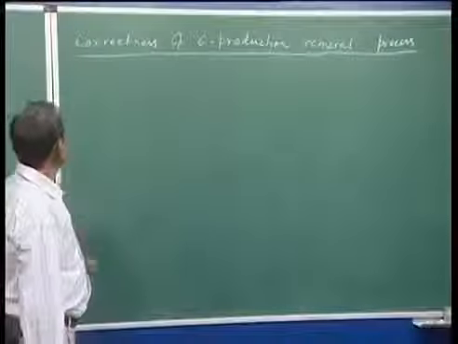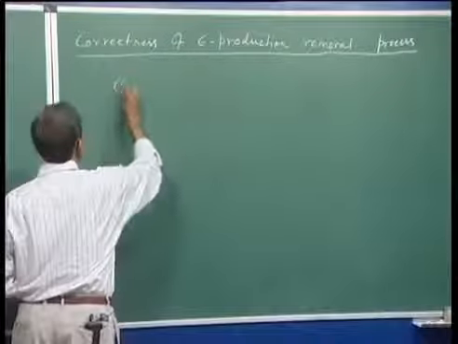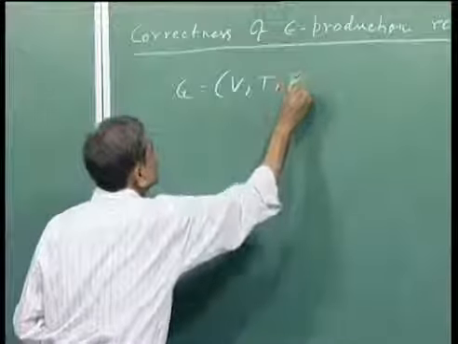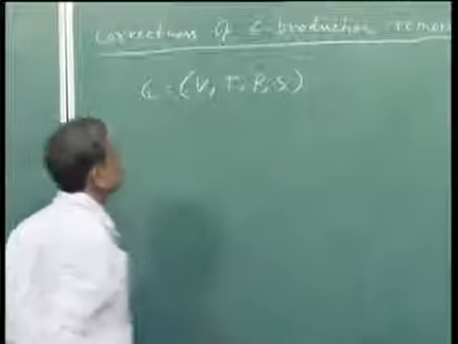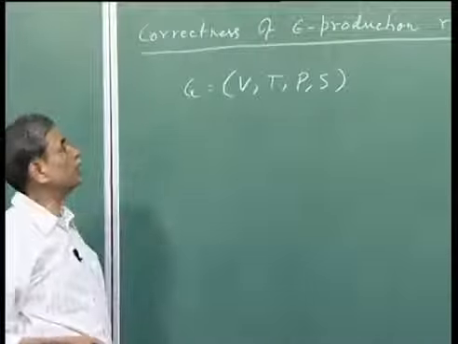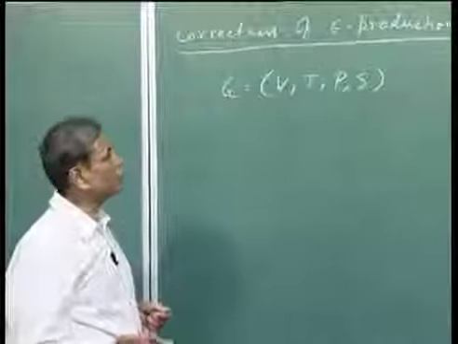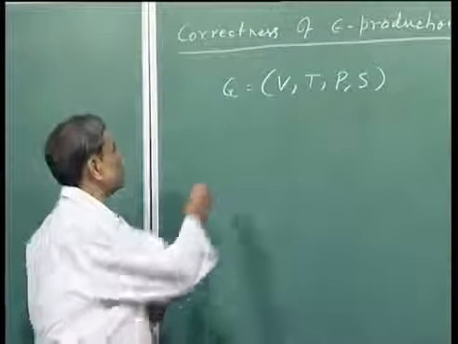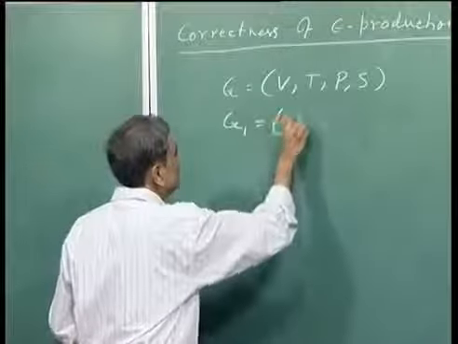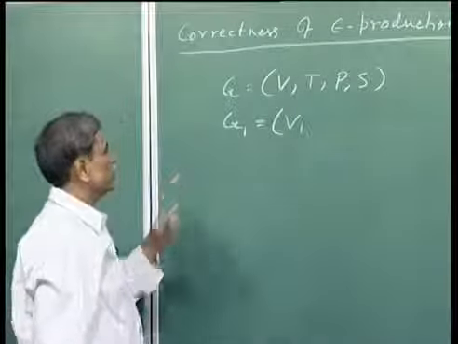To establish the correctness of what we are doing, let us consider the original grammar to be, as we said, V T P S, and the new grammar that we got after removal of all epsilon productions, and in the process adding a few more productions, let us call G1. Possibly we might have removed some non-terminals.